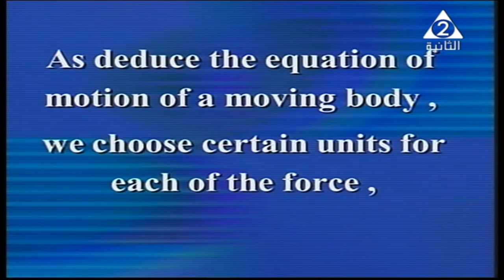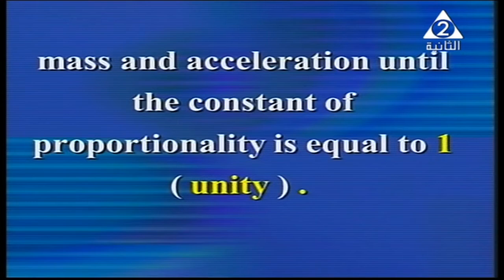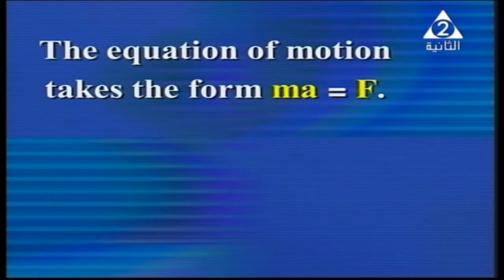We choose certain units for each of the force, mass, and acceleration until the constant of proportion is equal to 1, unity. Look at the equation of the motion, it takes the form ma equals F. What do we mean? m is the mass of the body, a is the acceleration, F is the force which acts on the body with acceleration a.